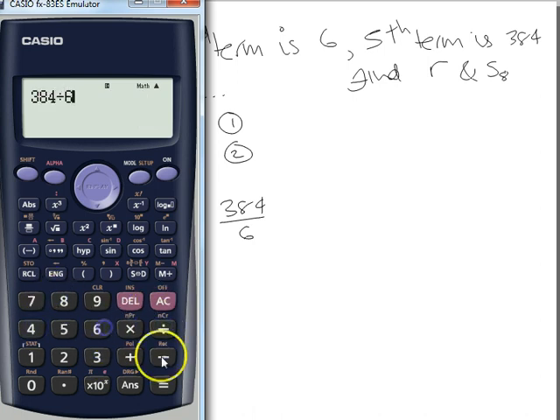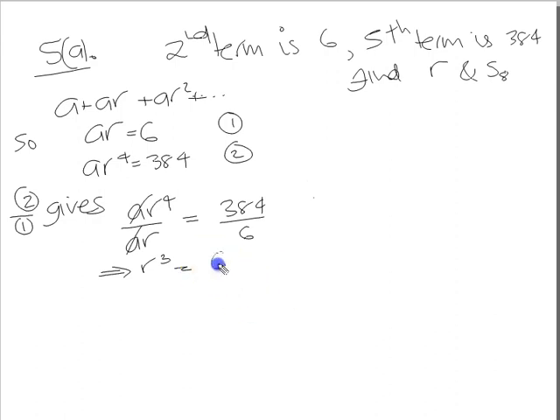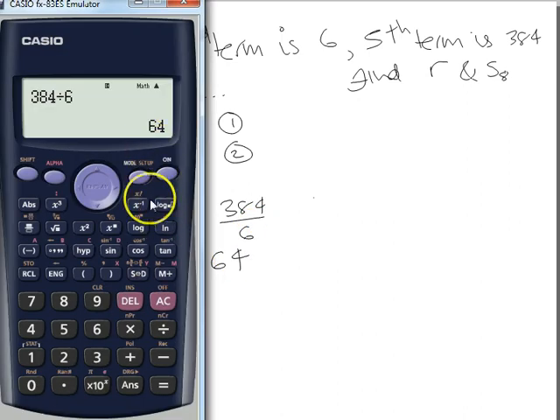384 divided by 6 equals 64. Good. So r cubed is 64. To undo a cube, you cube root. So the cube root of 64, so power a third, isn't it? So 64 power bracket 1/3. So we'll put a fraction, 1/3.